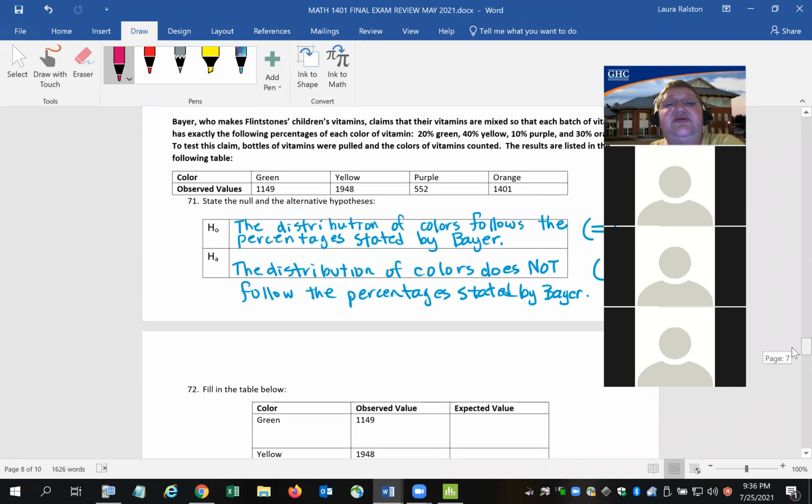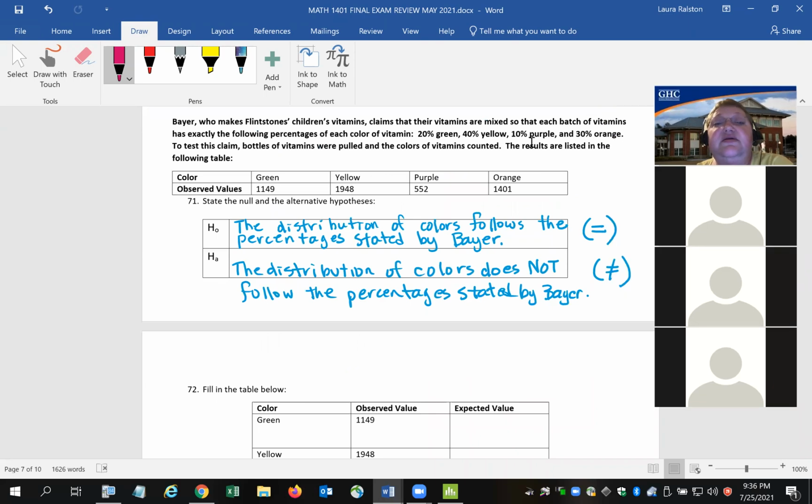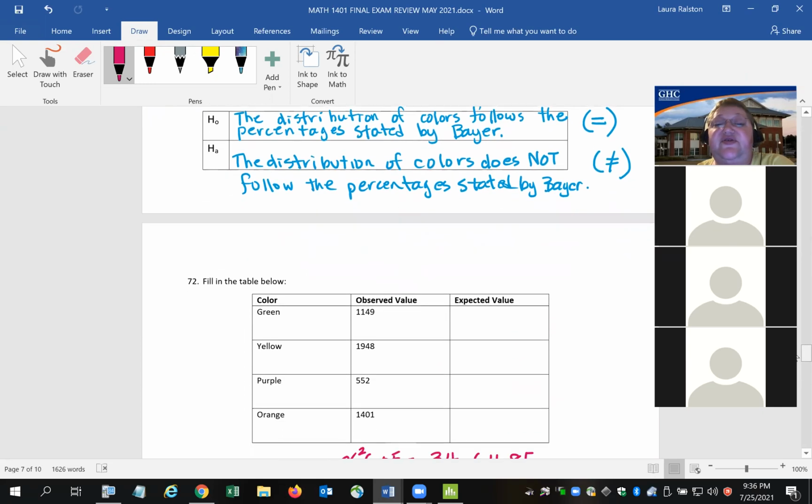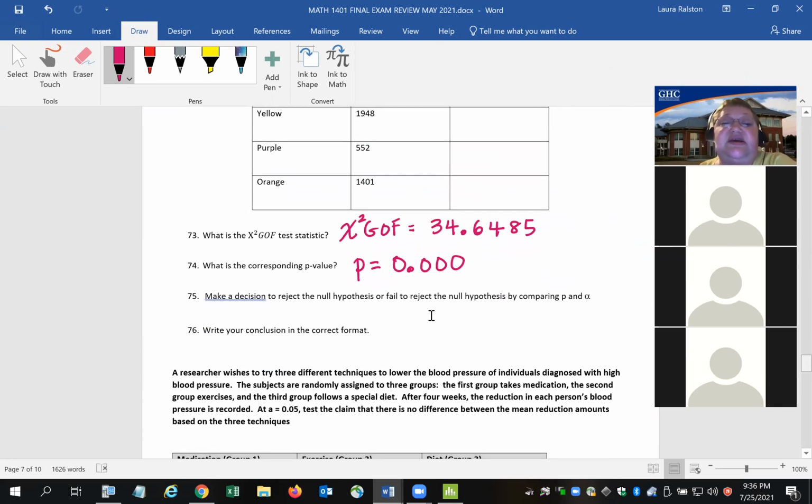What did they tell us to do? Did they give us an alpha? Okay, they didn't give us an alpha here. The standard, if you're not given one, is to use 0.05.